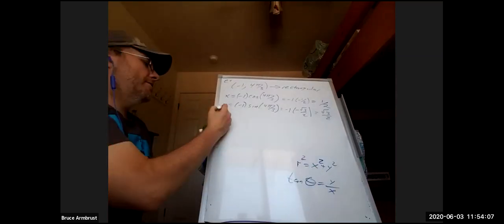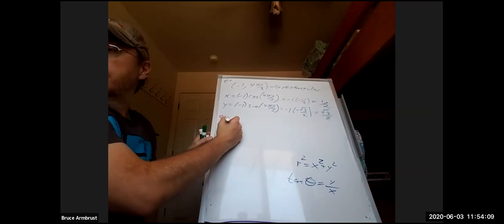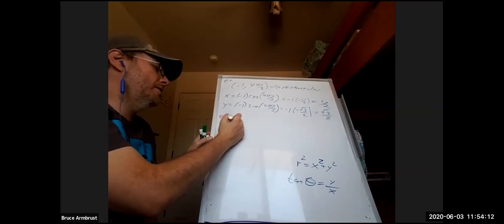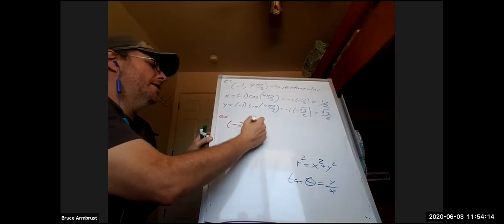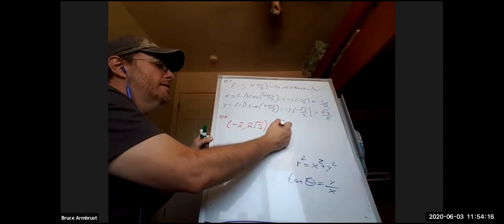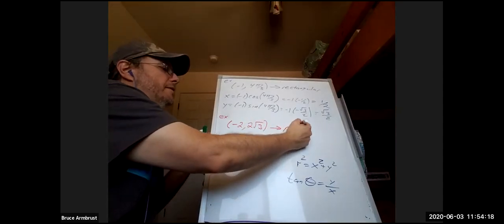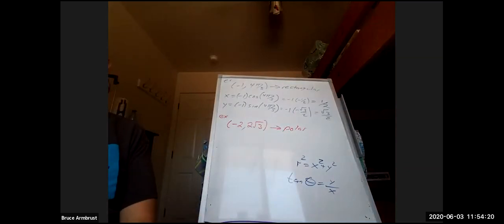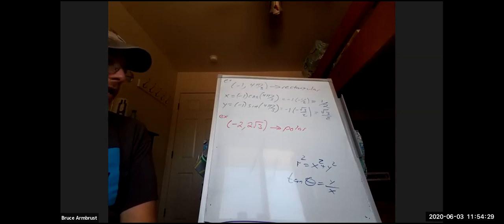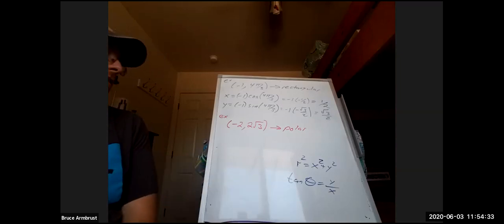All right, so let's go the other direction. Let's take the point, say -2, comma 2√3, and let's convert this to polar. So I just gave you an x and a y. So we're going to find r and theta using these conversions.